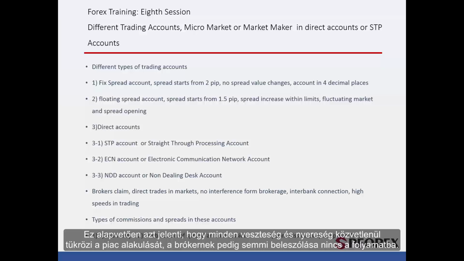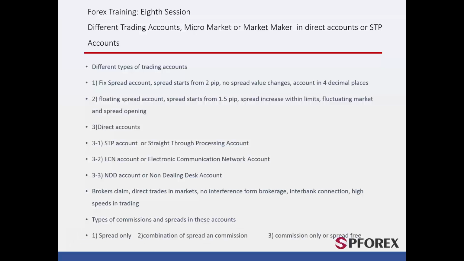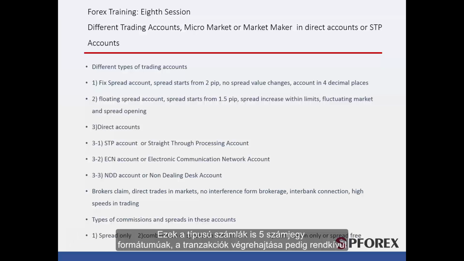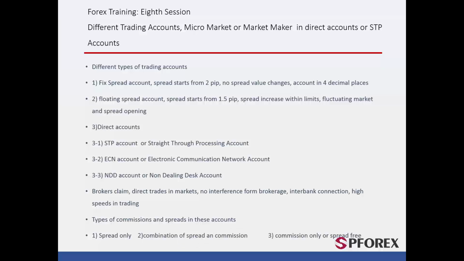This basically means all losses and gains are a direct reflection of the market and a broker has nothing to do with the process. These types of accounts are also in a 5-digit format and transactions are made very fast as it is an interbank connection that a party deals with.